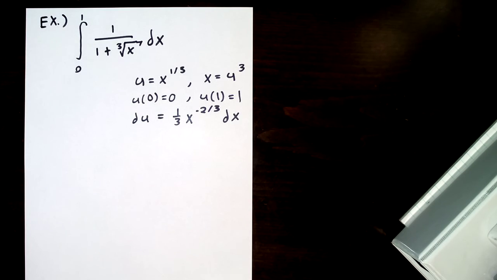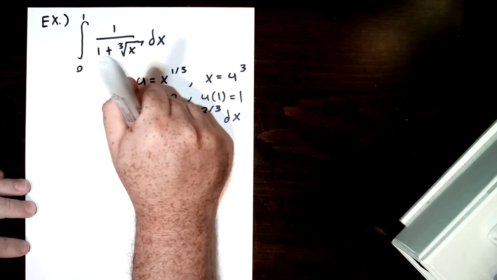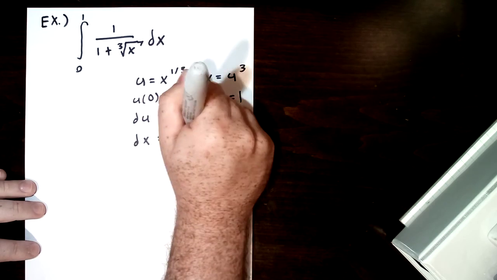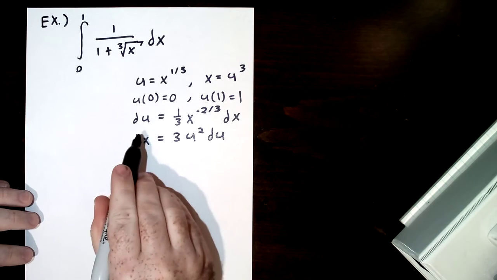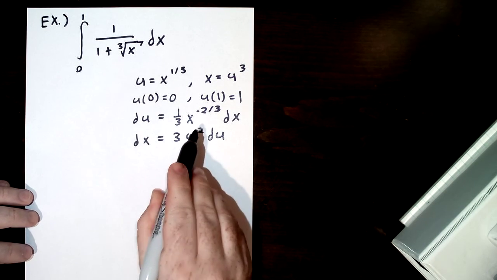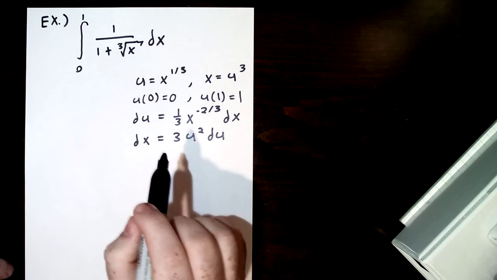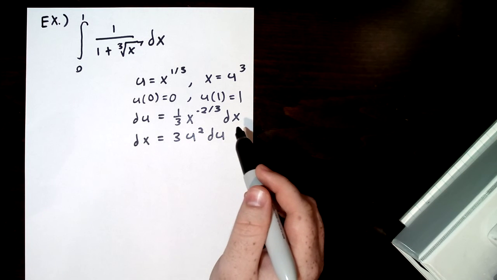And then by simple algebra, we can change this. So we'll call dx and set that equal to 3u squared du. So how we go from the second to the bottom line to the bottom line, so we move the 3 over, so we have 3 du equals x to the negative 2/3 dx.